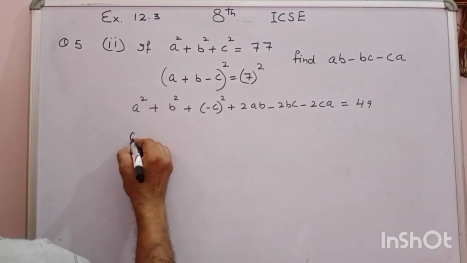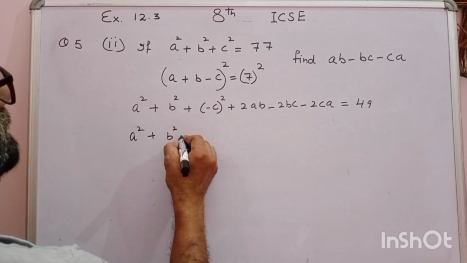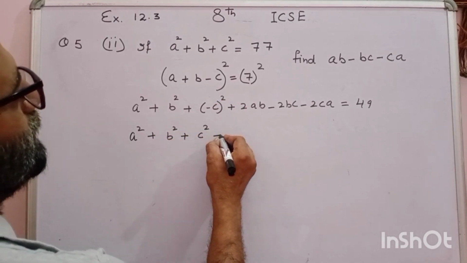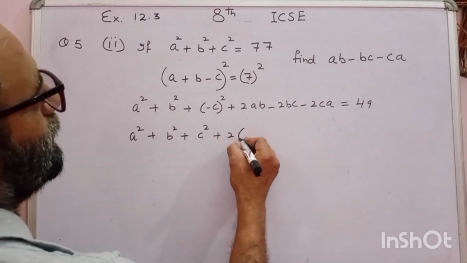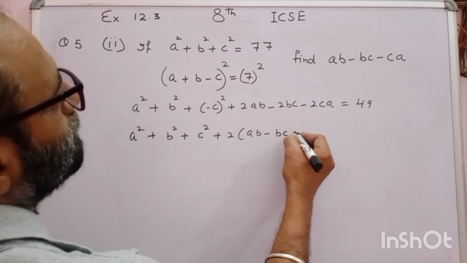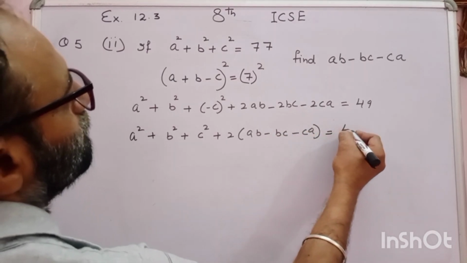So a² + b² + c² (since (−c)² is +c²) + 2 we will write common into (ab − bc − ca) is equal to 49.